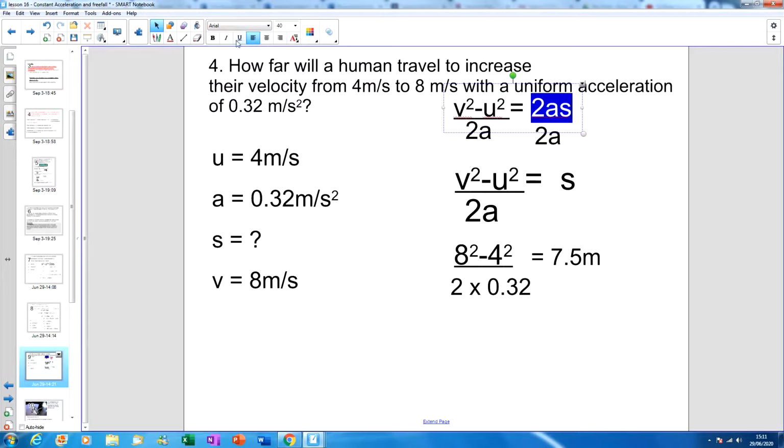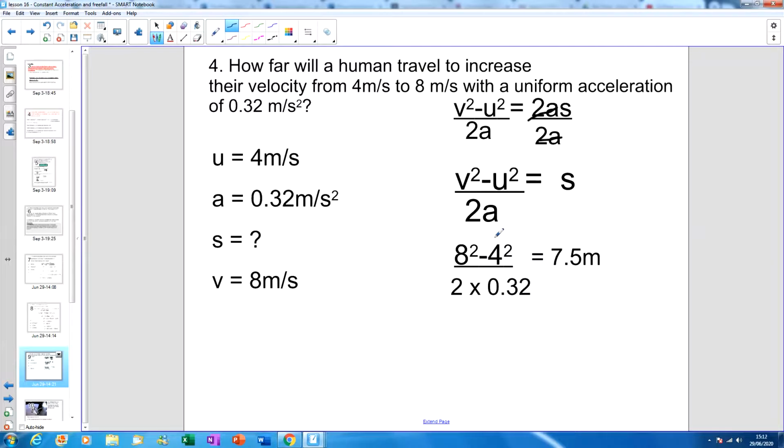So if I divide both sides by 2a, you see that you have 2a on the top and 2a on the bottom. And what you can do is cancel the 2a. So you end up having s is equal to v squared minus u squared divided by 2a, which is this line here.